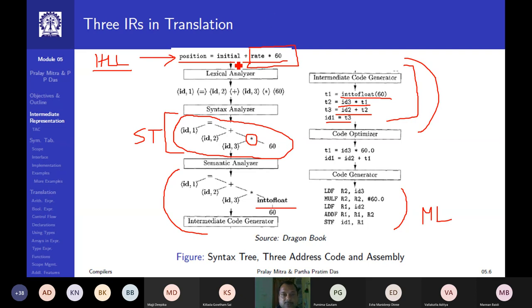The source program only declares position, initial and rate. Now you wish to multiply rate with 60 and store that information to some memory. That memory is extra or additional, and that memory is allocated by the compiler during the compilation process.